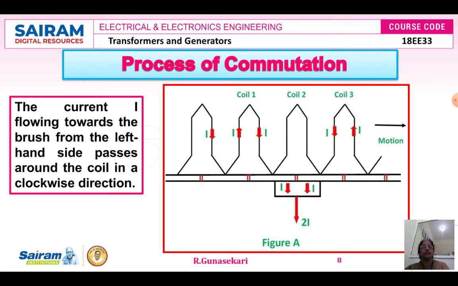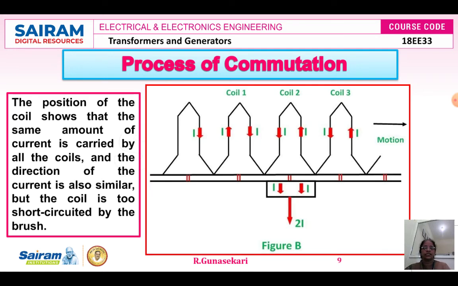The currents flowing through coil 1 and coil 3 are both added in the carbon brush. From the carbon brush we take the total current of 2I. Here the current flow direction is clockwise only. This is the first step of the process of commutation.